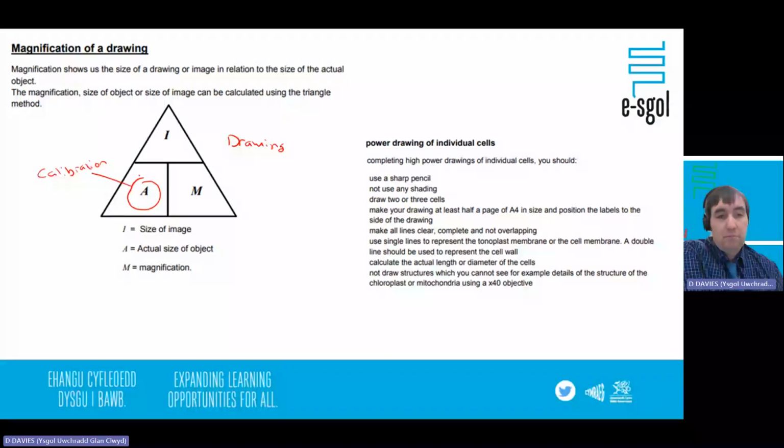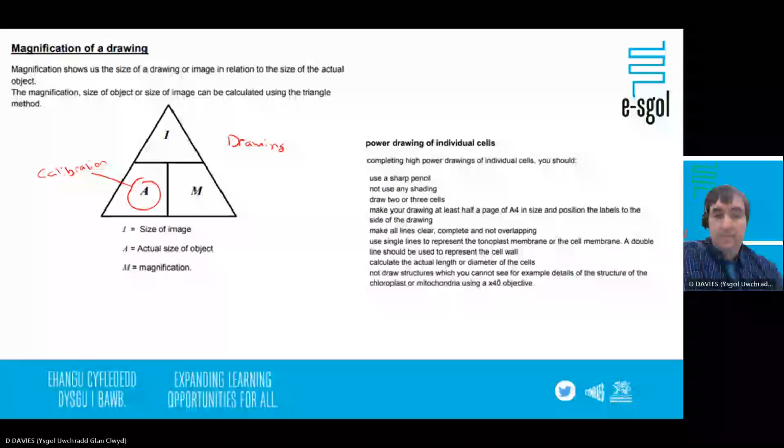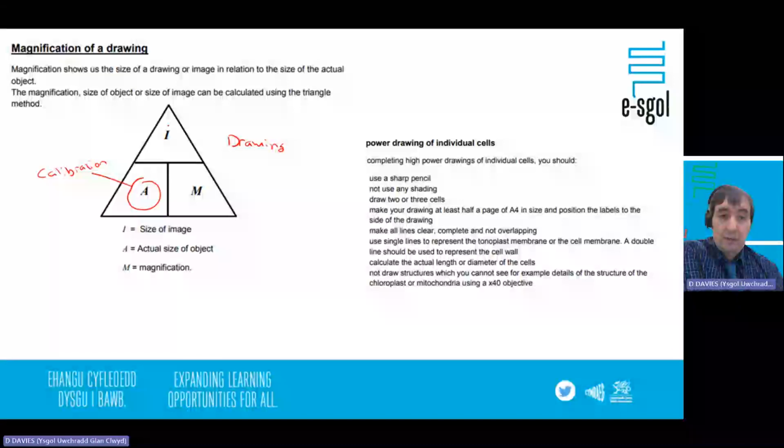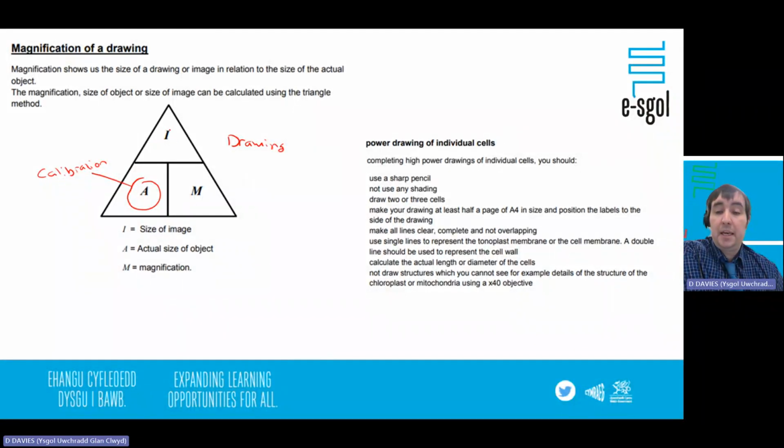So you can work out the actual size by dividing the image size by the magnification. You can work out the magnification by dividing the image size over the actual size. And you can work out the image size by multiplying the actual size by the magnification, or by measuring it with a ruler.